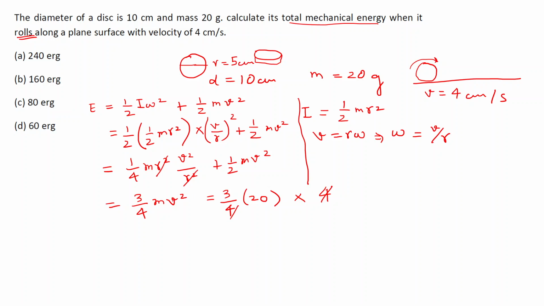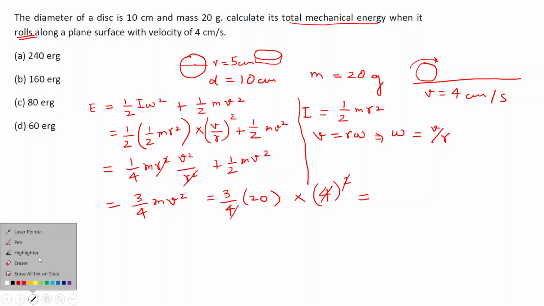This is v square, means 4 square. Let me correct this. So it will be 4 square.